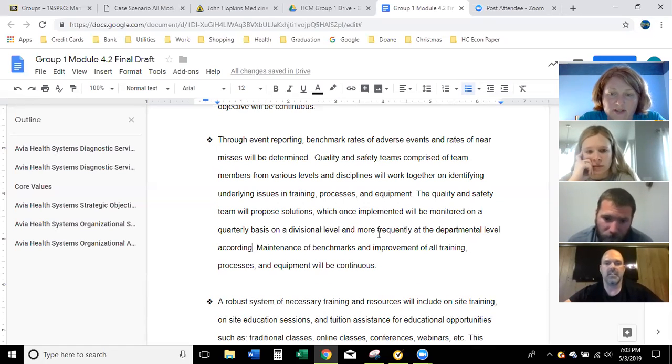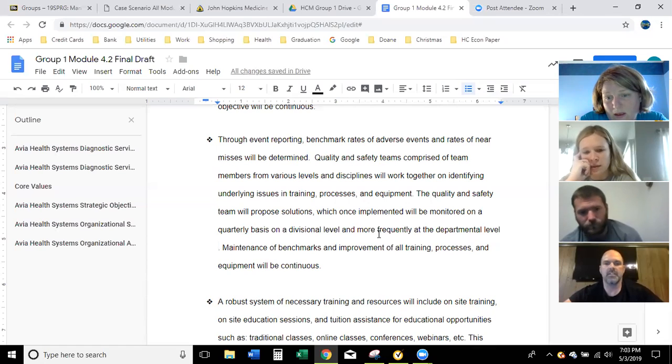What if we left it as more frequently at the department level as decided by leadership, but with a minimum of bi-monthly? Sorry, or monthly. Yeah, I like how you worded that.